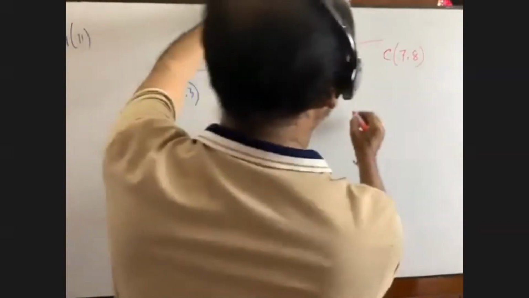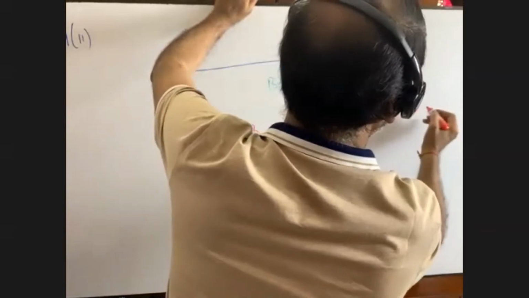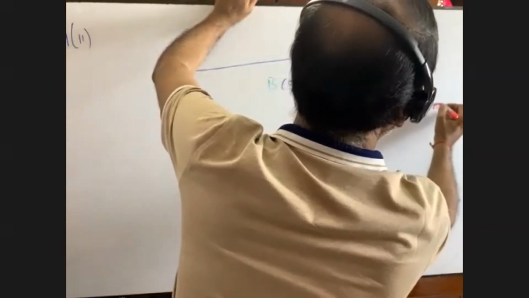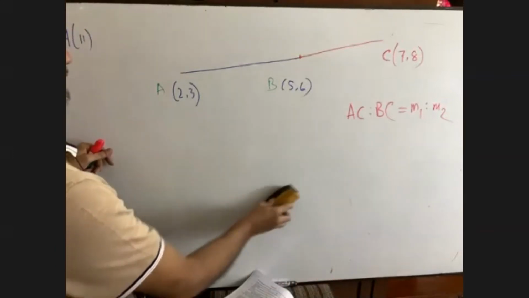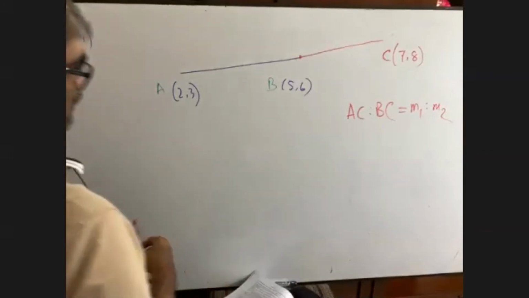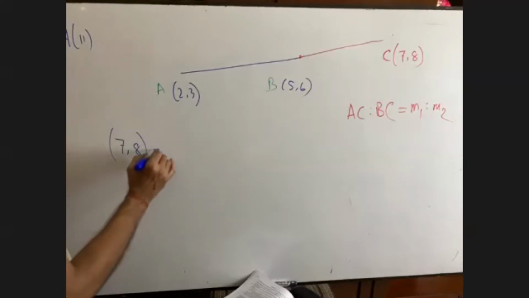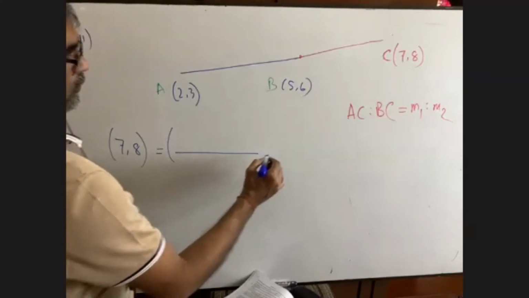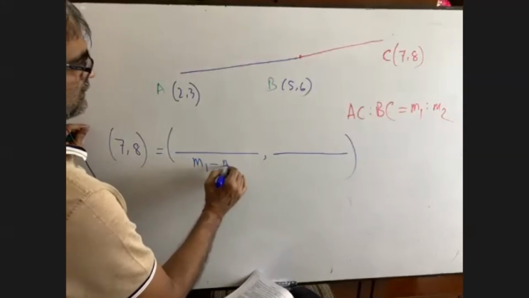So better we write down AC is to BC equal to M1 is to M2. We have to find the ratio, so let it be M1 is to M2. Is it okay? Please try to understand. For external intersection, I told you to write M1 minus M2.